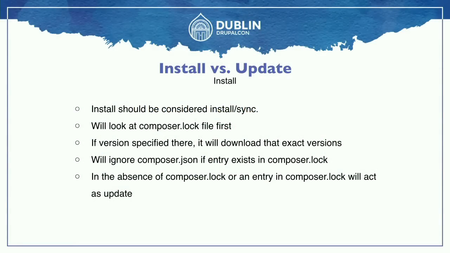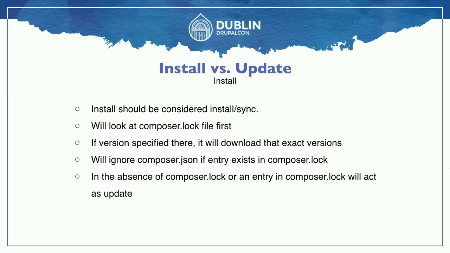The way I like to think about this is install is more like a sync. When you run composer install, Composer is going to go out, fetch all your libraries, look at your composer.json file, and when it finds a specific version of a library, it's going to create a composer.lock file.